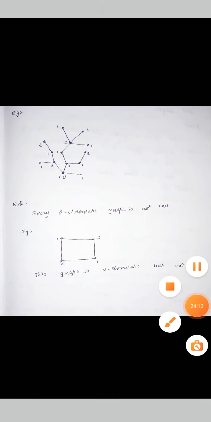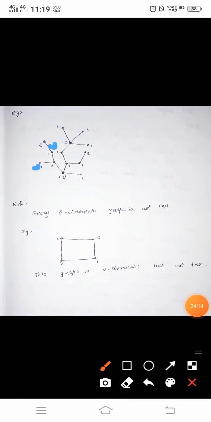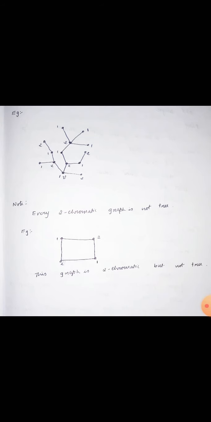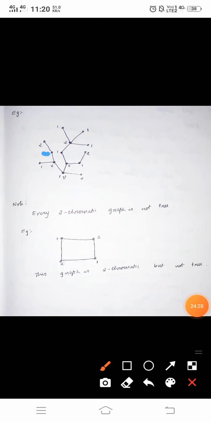We colored till here. Next, the vertices which are adjacent to the vertices colored with 1, you have to paint with color 2. See, this is the vertex with color 1. The adjacent vertex to this is 2. We have to color that with color 2.